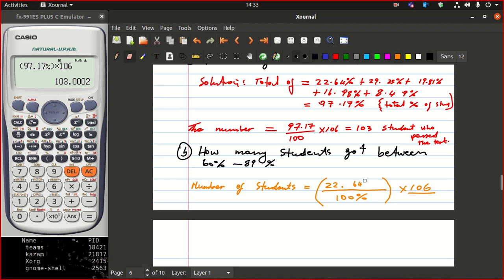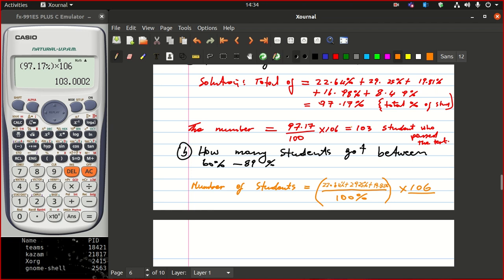So here I will have 22.64%. This is not good looking. Let me use a smaller font here. So we have 22.64% plus 29.25%, and then I also have 19.81%.